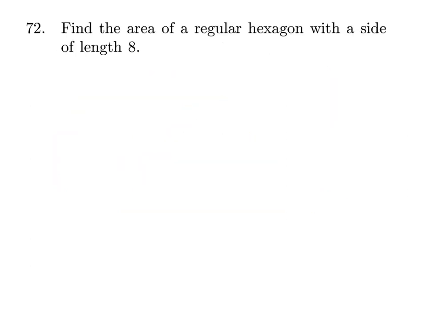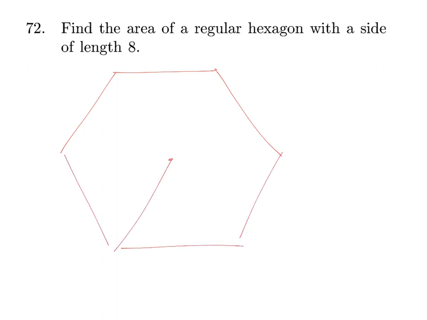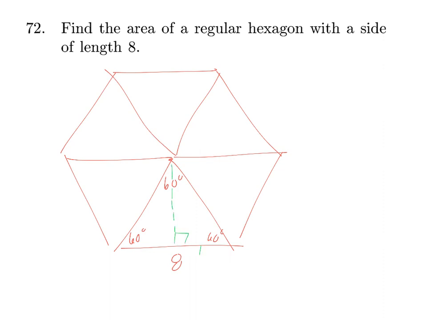Find the area of a regular hexagon with a side of length 8. Here's a hexagon once again, and I can divide the hexagon into 6 equilateral triangles. Let's figure out the area of one of them. This is 8. Let's cut the triangle in half, so this is 4, and this is 4 square root of 3.